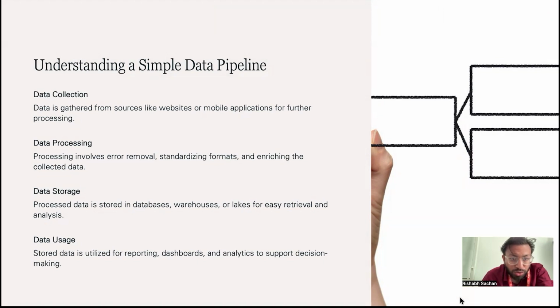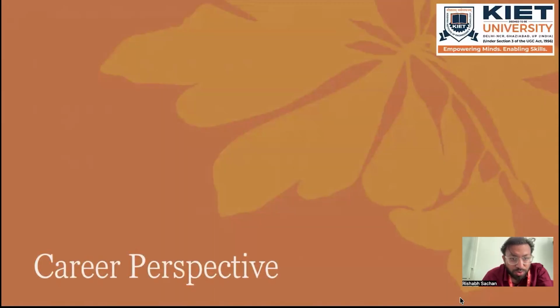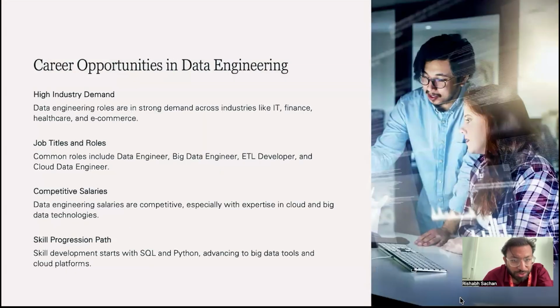And finally, it is used for visualization and analysis through dashboards, which help analyze trends such as popular restaurants, delivery times, customer preferences, and revenue patterns. This information is used by the company to improve its service and make better decisions. The entire process is managed by data engineers through well-designed pipelines.